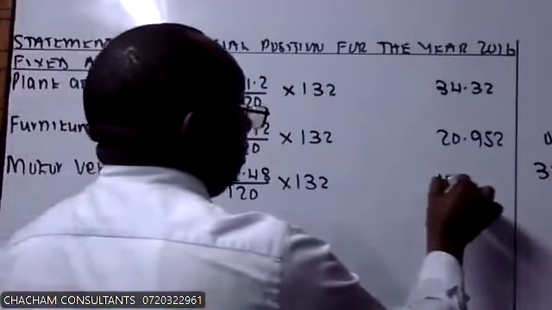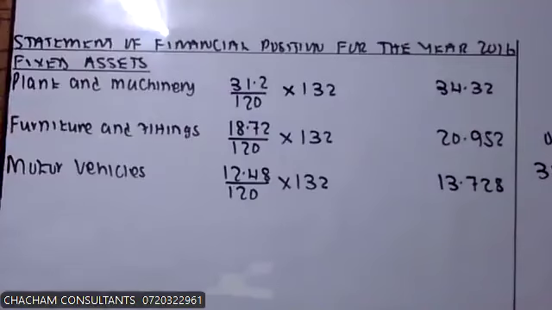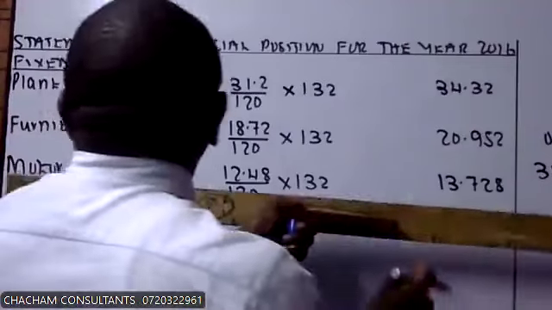$13.728. Higher. So we get the total fixed assets.